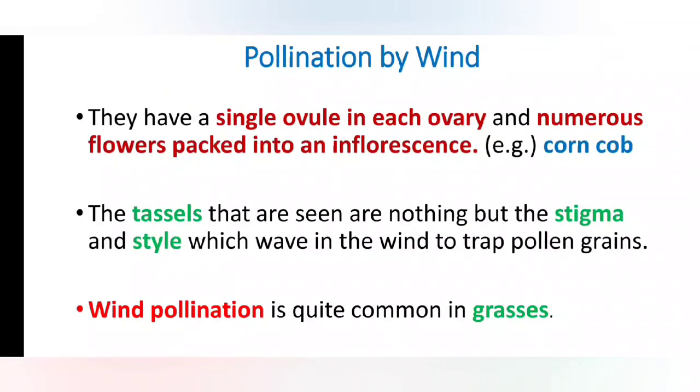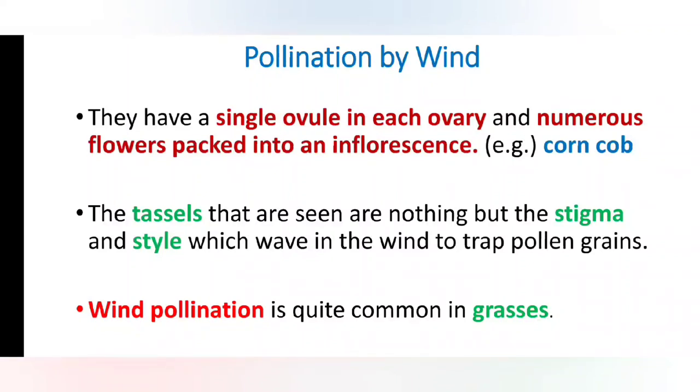Continuation of pollination by wind. They have a single ovule in each ovary and numerous flowers packed into an inflorescence. For example, corn cob. In these types of flowers, there is only one ovule in each ovary, and the flowers are not single flowers like hibiscus and others.